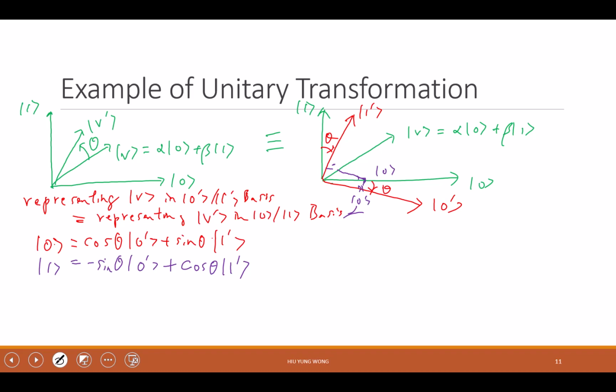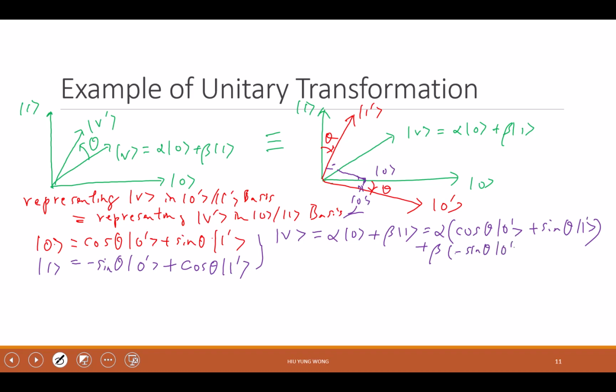So because of this, we can say, what is V? V equals alpha times 0 and then beta times 1, which means it is alpha times cosine theta 0 dash plus sine theta 1 dash, and then plus beta times negative sine theta 0 dash plus cosine theta 1 dash.